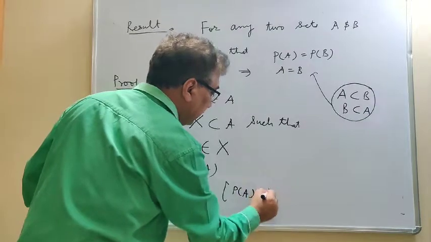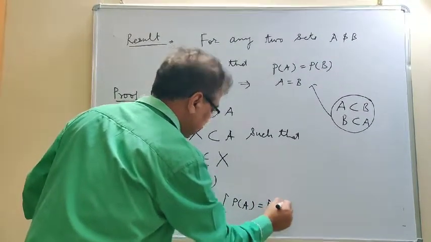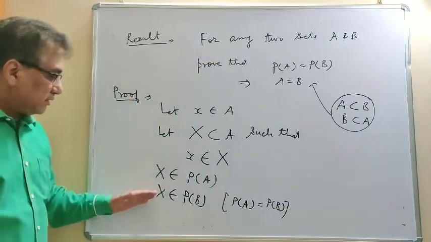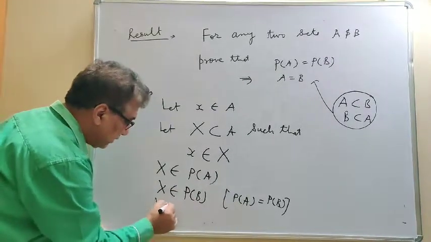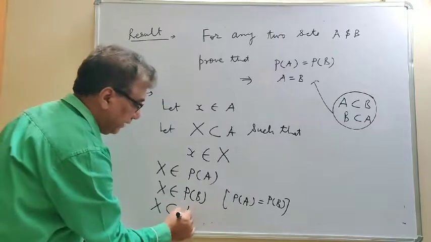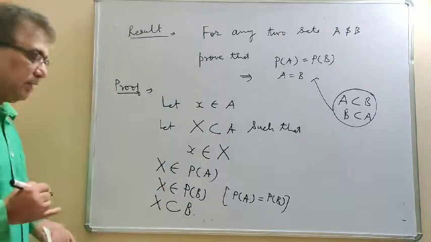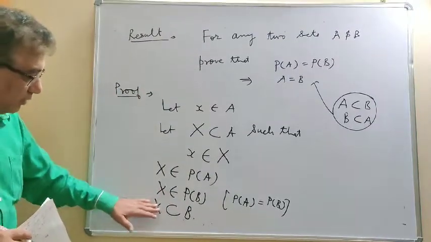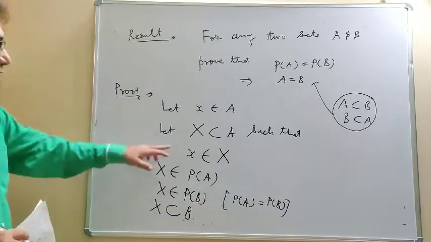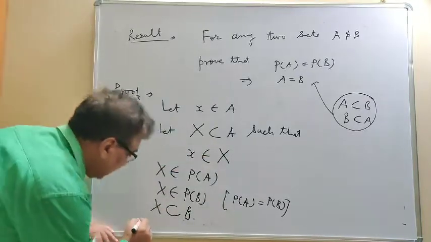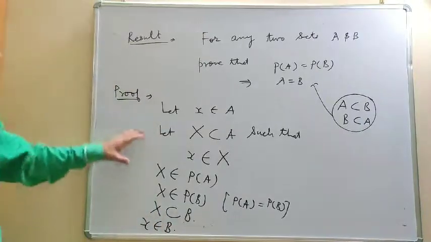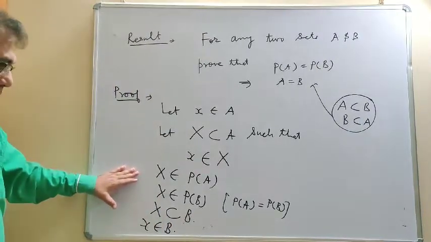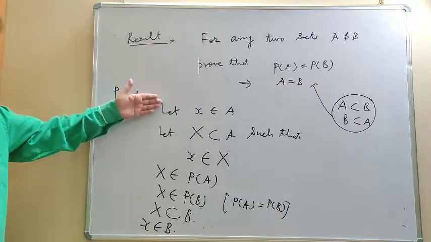This is the given condition. X belongs to the power set of B, that means X is a subset of B. That is the meaning. So all the elements of X will belong to B, and since x belongs to X, small x belongs to B. It's clear? This is one way.